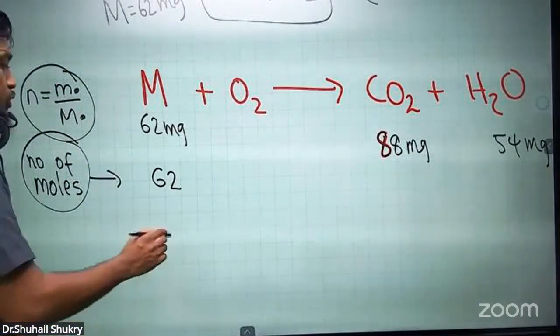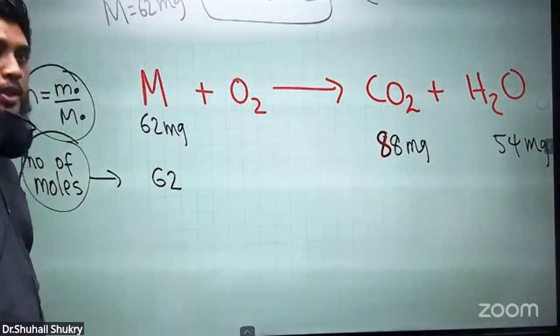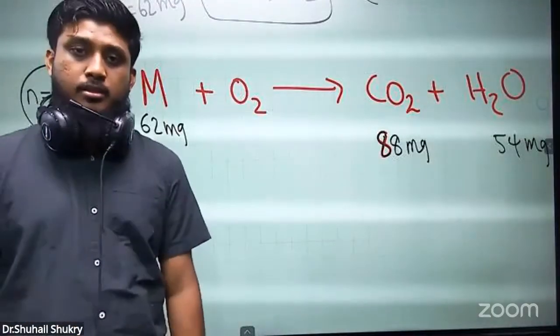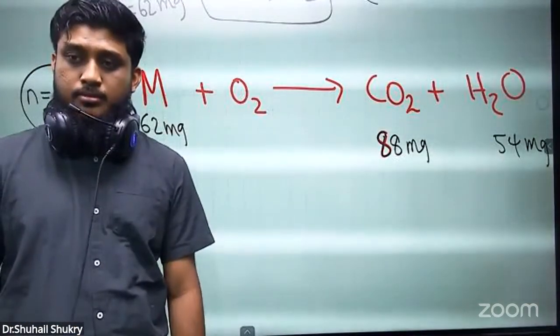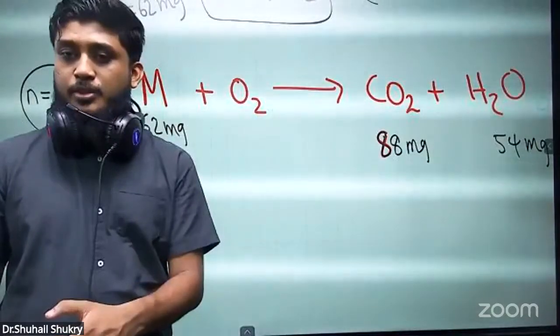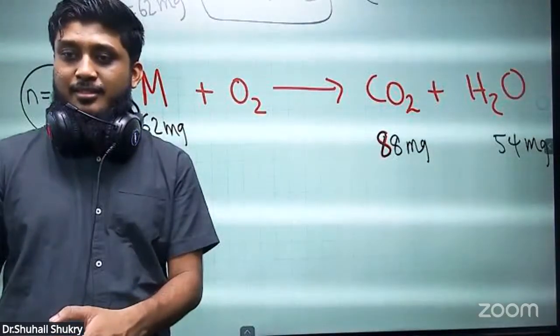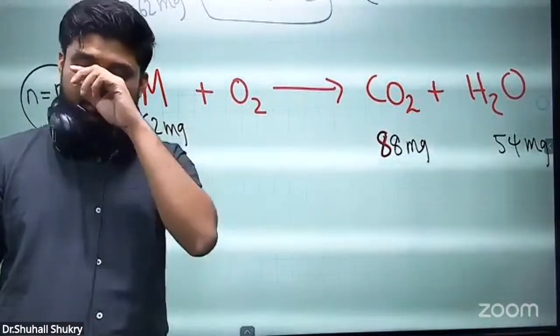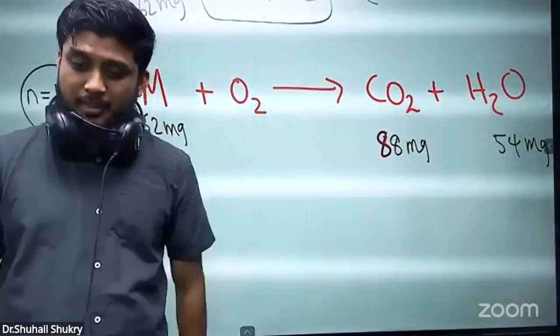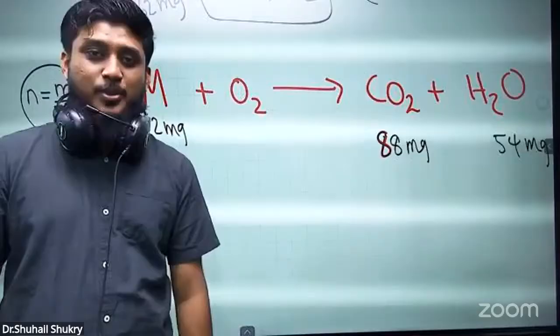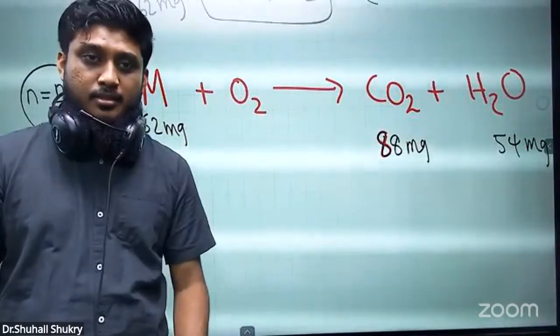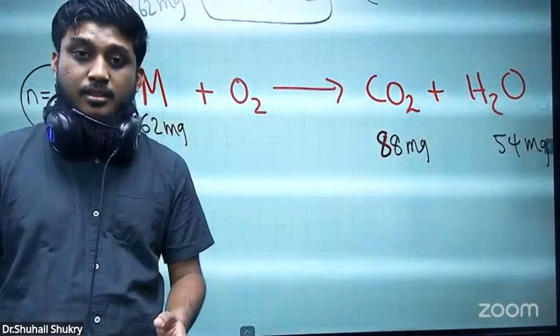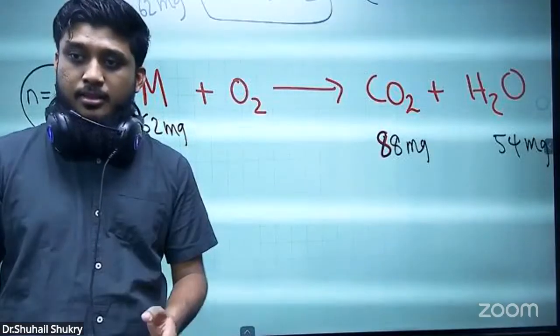Then 62 milligram: if I want to convert to gram, what should I do? Divide by 1000. Milligram to gram, divide by 1000.